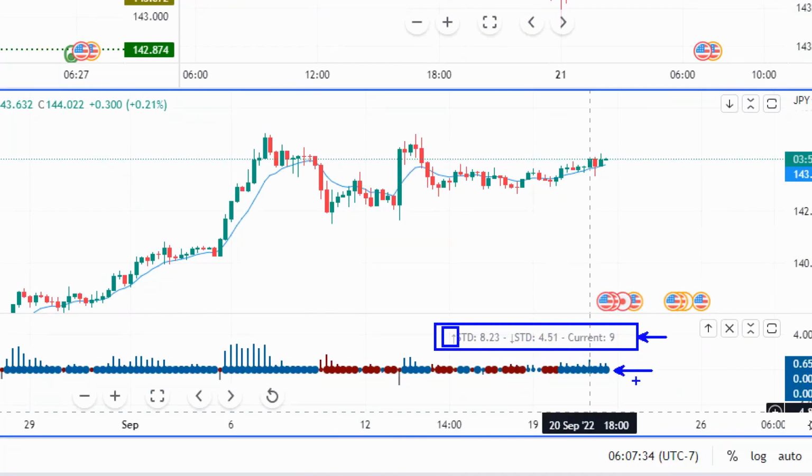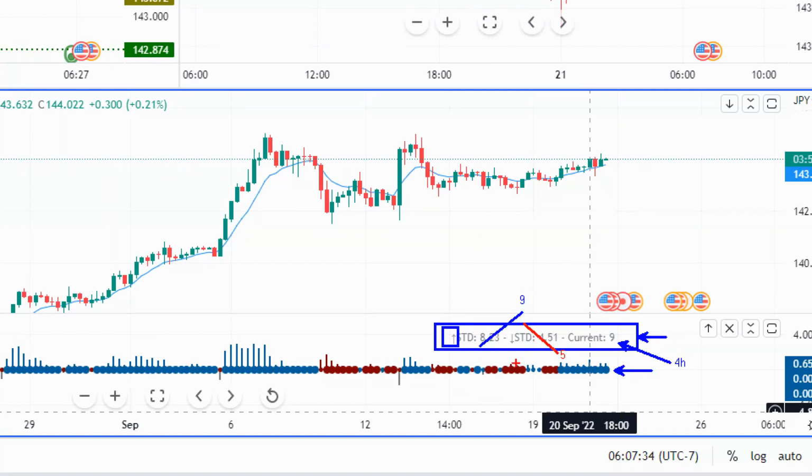So that means that this market has been going up for 9 4-hour increments, and it typically goes up 8.23. Now, just to keep this simple, we're going to round these. So this is a 9, and it goes down for 5. We're going to round that down as well, and that goes down to 5.